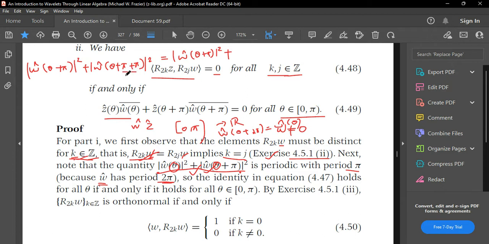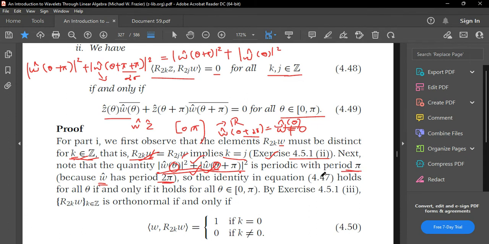What is pi plus pi? 2 pi. So w cap is periodic with the 2 pi period. Then we can write that w cap of theta plus 2 pi is equal to w cap of theta. So we can write modulus of w cap of theta, whole square. So this expression will be periodic with the period pi.